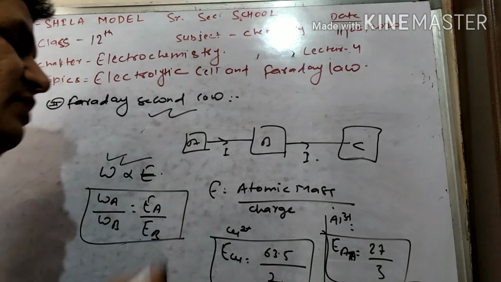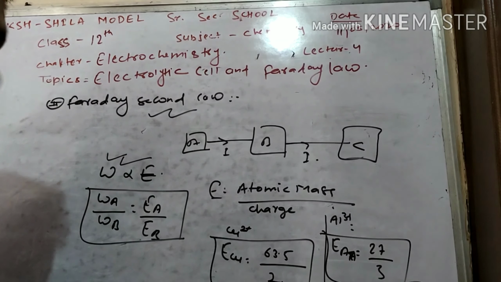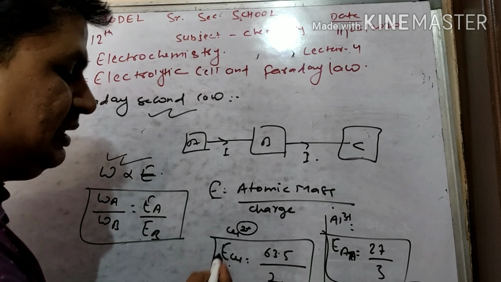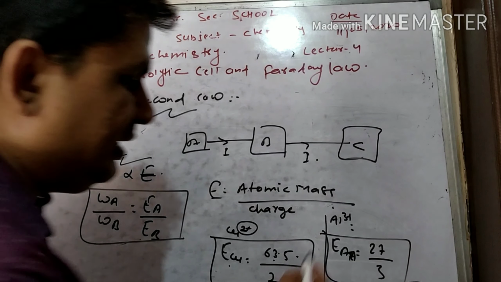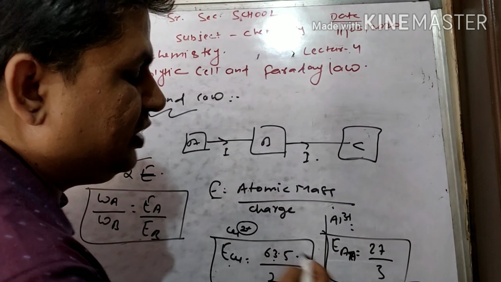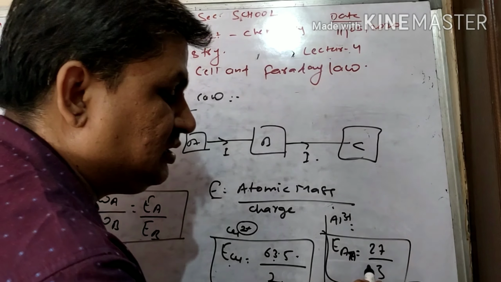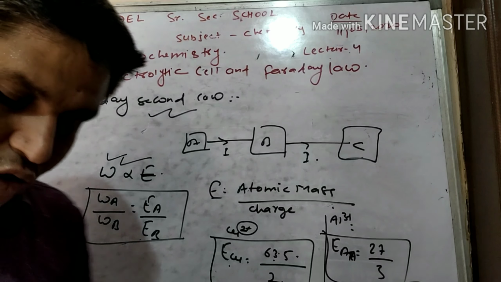And how is equivalent weight calculated? Equivalent weight is generally atomic mass upon charge. In case of copper having 2+ charge, the equivalent weight will be 63.5 divided by 2. And in case of Al3+, equivalent weight is 27, because 27 is the atomic mass and this contains charge 3. So 27/3. तो ऐसे हम सॉल्व करेंगे.